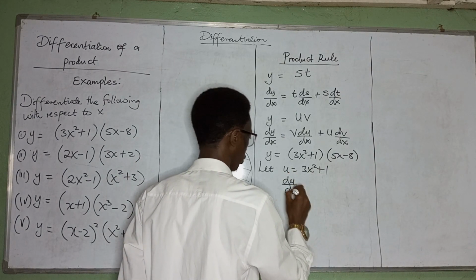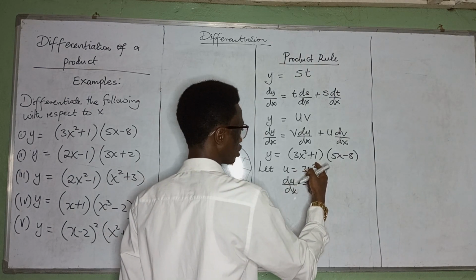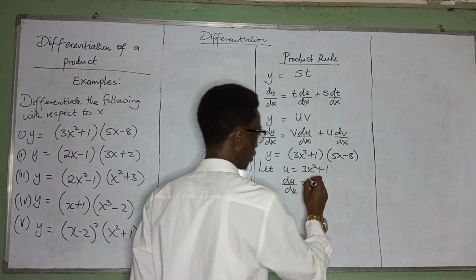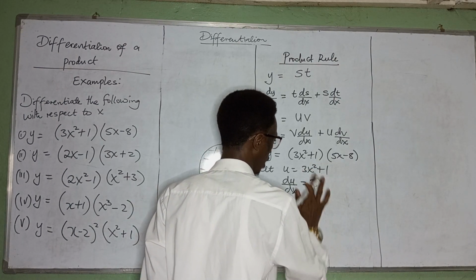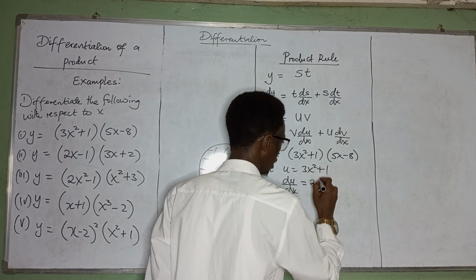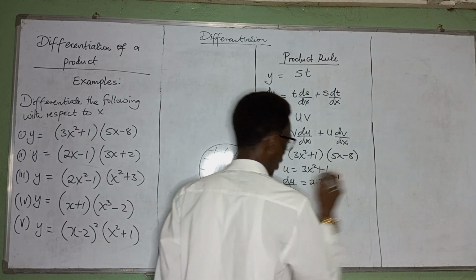So that's going to be du by dx, because you are differentiating u with respect to x. In terms of differentiating, we multiply the power by the coefficient of the variable and subtract 1 from the power, so this becomes 2 multiplied by 3, x to the power 2 minus 1.